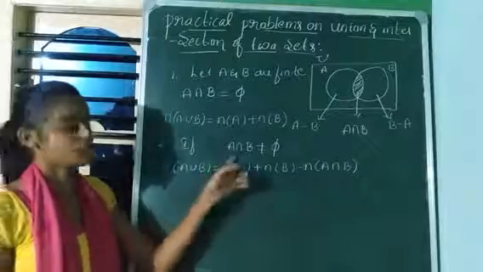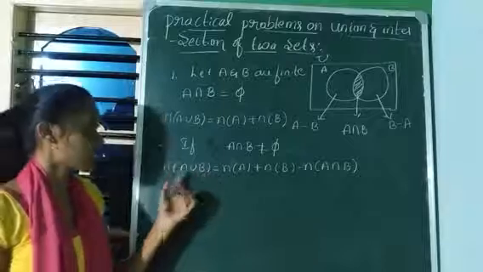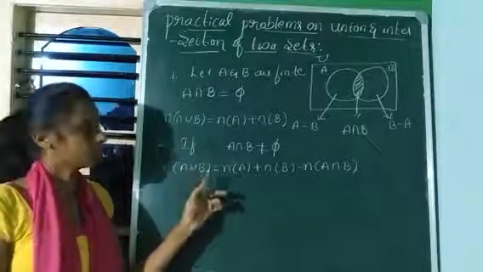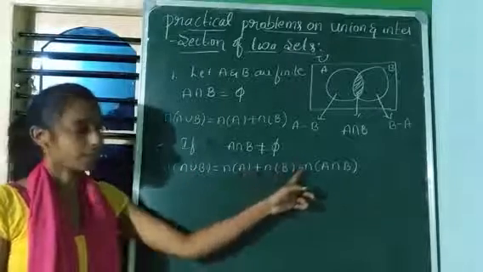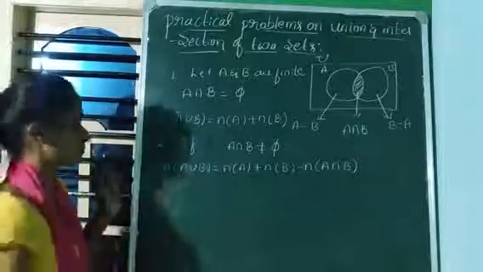If it is not equal to null, that means there are some common elements, so n of A union B is n of A plus n of B minus n of A intersection B. This is an important formula.